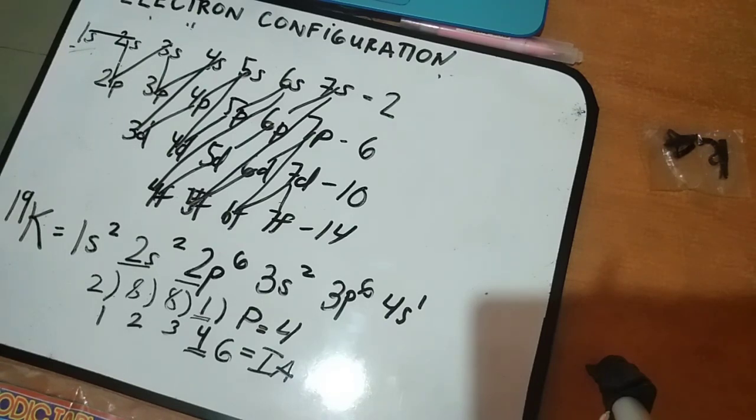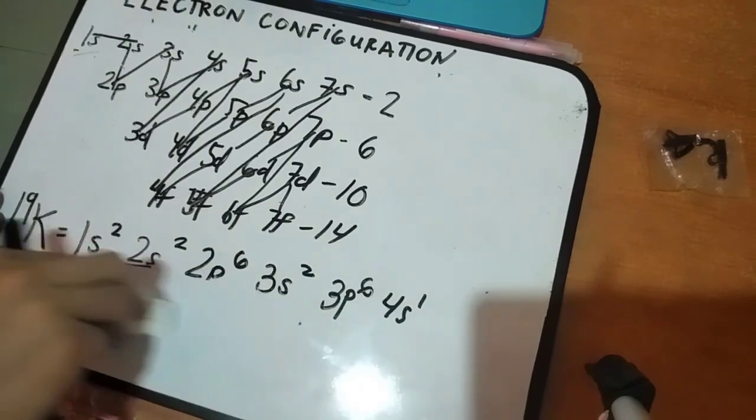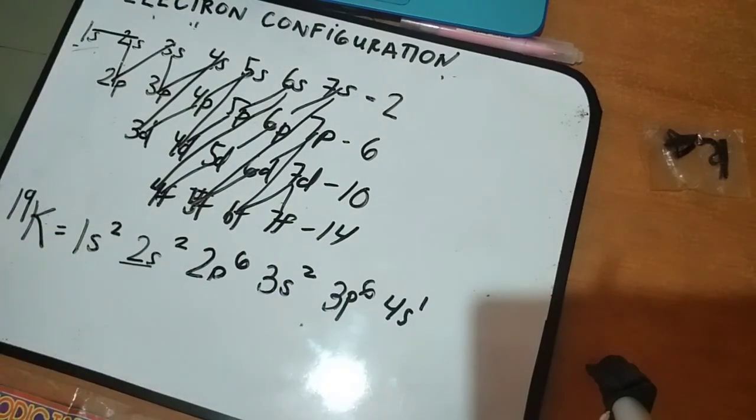So, what to do next? Since we know how to do the electron configuration, the long method, we would now do the noble gas configuration. Ano ba yung noble gas configuration? Ito yung mas maikli. Diba? So, we have potassium 19.